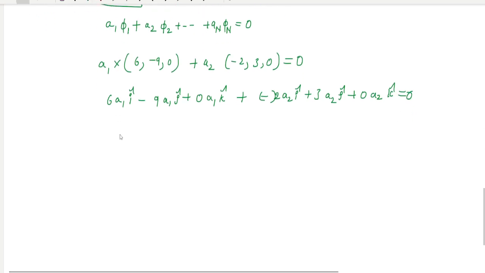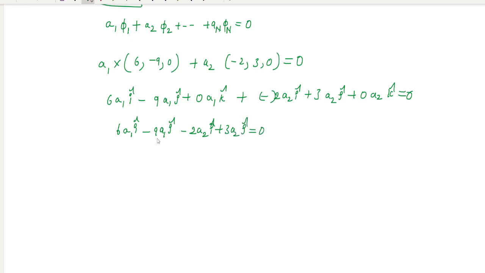So here I got 6 a1 i cap minus 9 a1 j cap minus 2 a2 i cap plus 3 a2 j cap equal to 0.